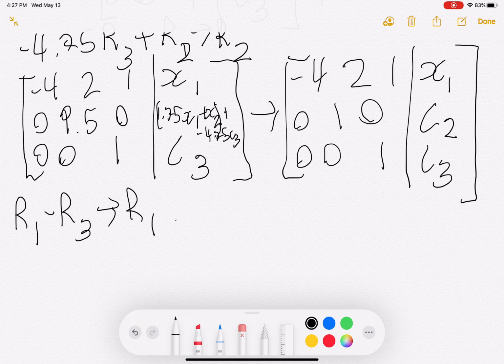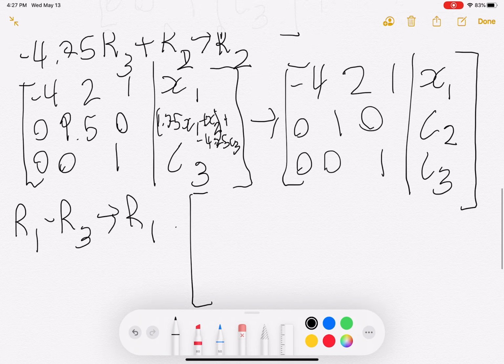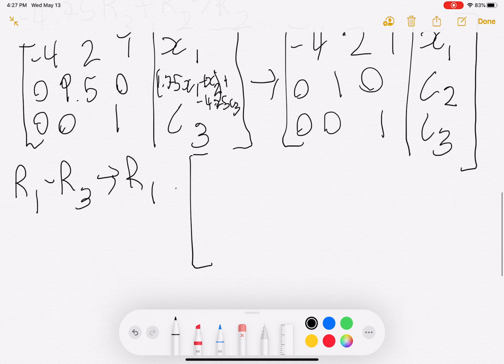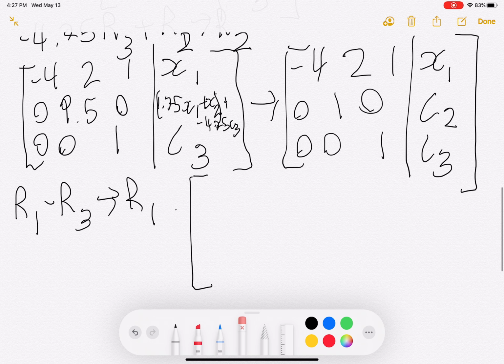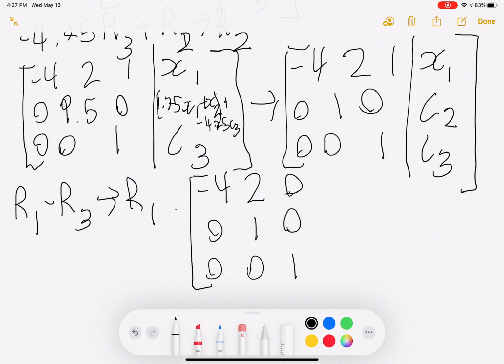Okay. So look at all of these matrices. It's amazing. I'm really passionate about this stuff. Okay, so these should remain the same, right? -4, 2. This will become 0. We have 0, we have 1, we have 0, we have 0, we have 0, and we have 1.